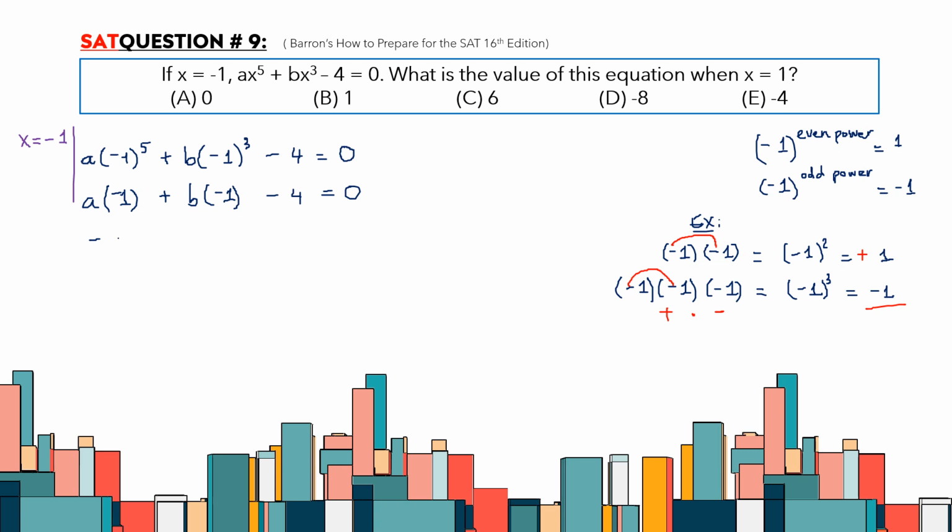So this one will produce -a. b times -1 is -b. -4 equals 0. So now we have this one as a guide.